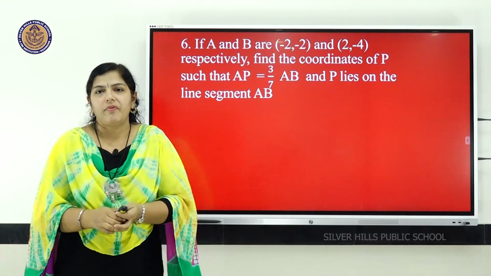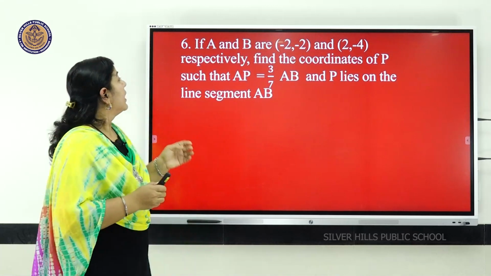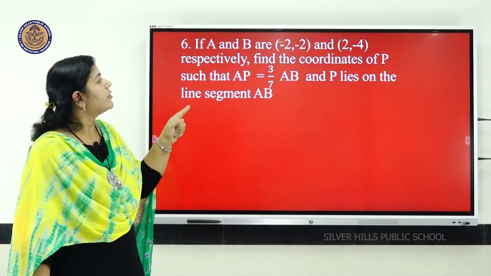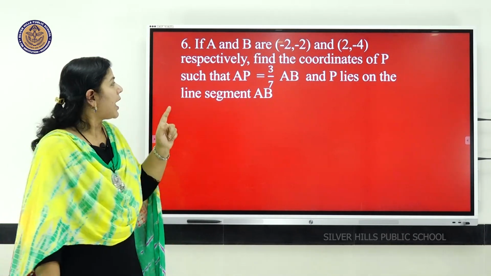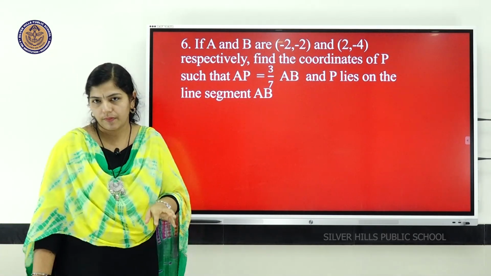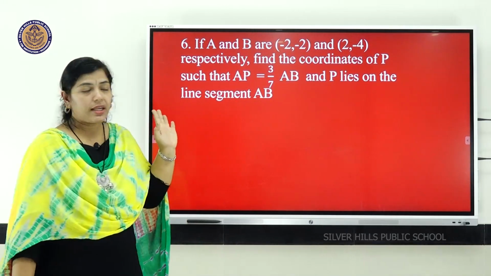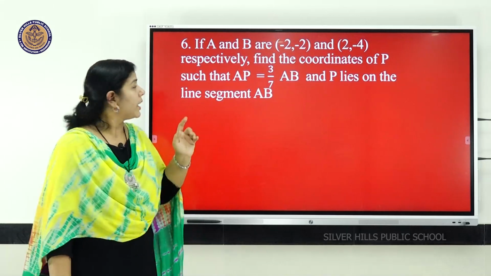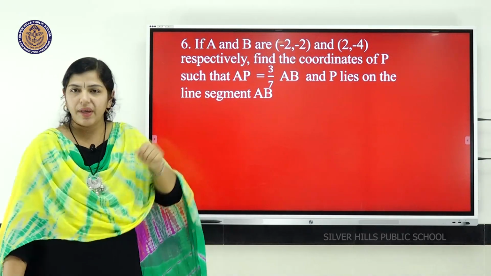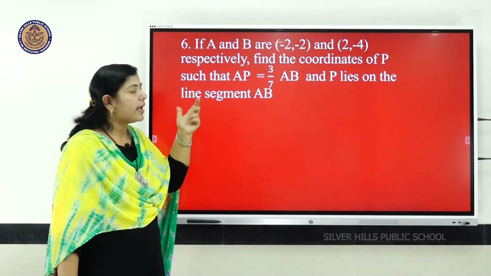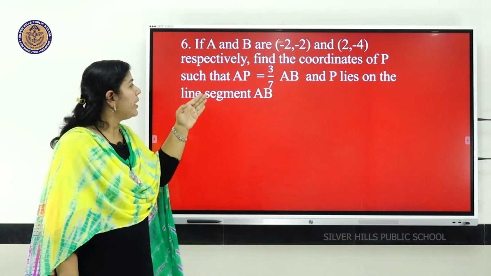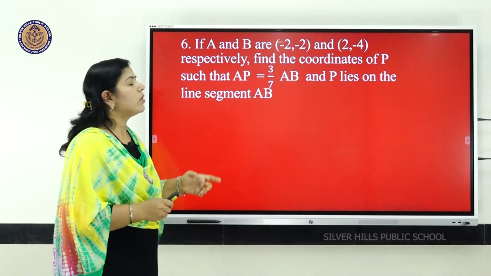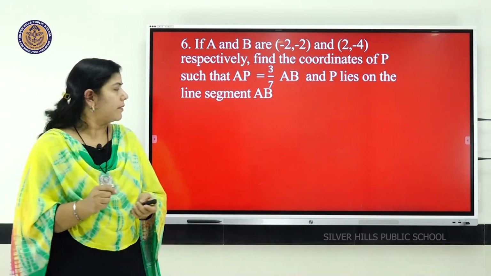And one more question is there. If A and B are (-2, -2) and (2, -4) respectively, that is, A is (-2, -2) and B is (2, -4), find the coordinates of P such that AP equals 3/7 AB and P lies on the line segment AB.